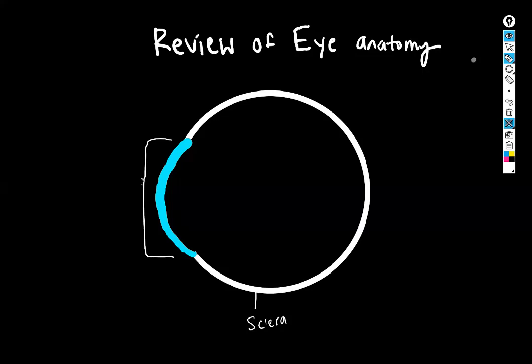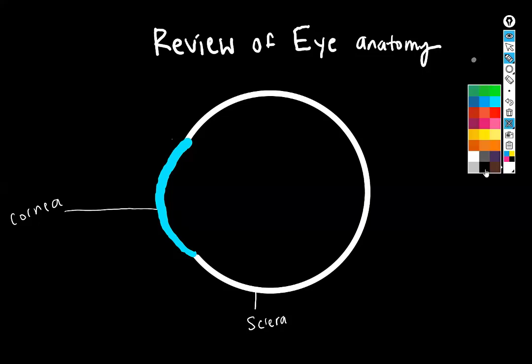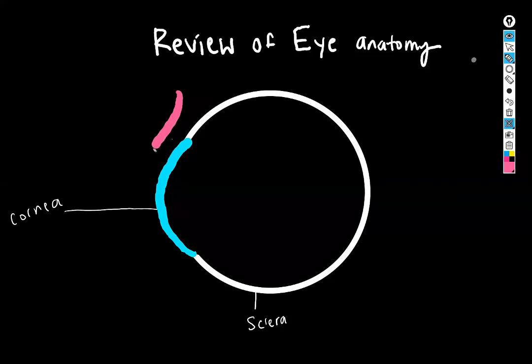Actually, because I need to draw the palpebrae, I'm going to relabel it like this. So I just mentioned the word palpebrae, which is plural. Palpebra is singular. And that is a fancy science word for your eyelid.